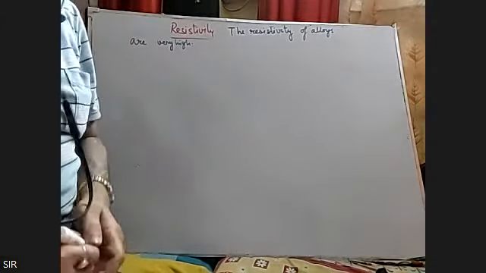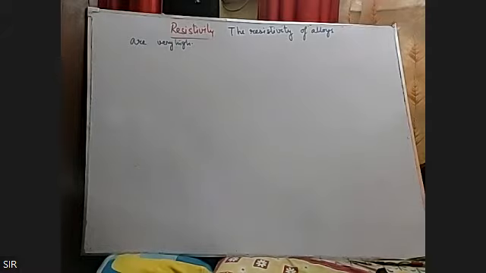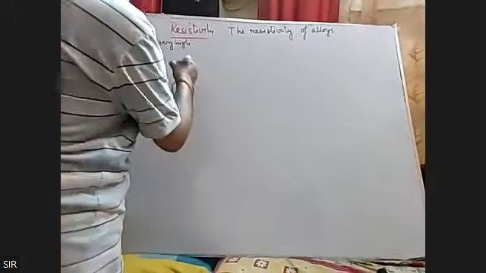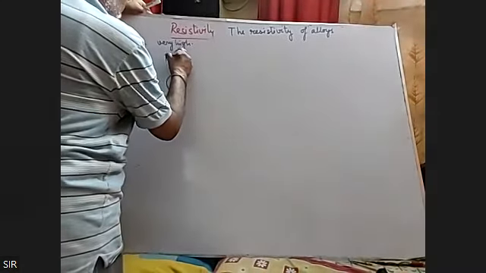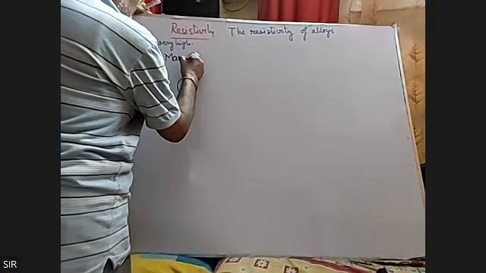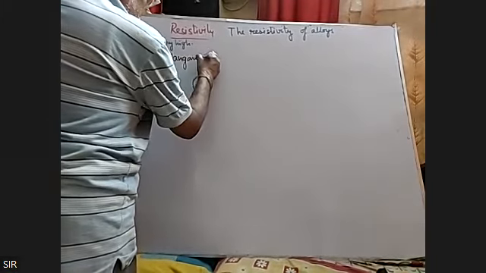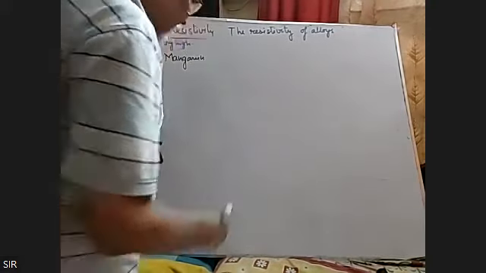Okay. Now I'll name two alloys. Manganin. It's an alloy of copper, manganese, and nickel.